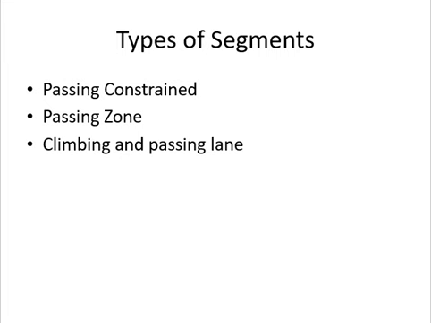So this is all passing constrained. And the third one has an extra lane. Passing is allowed, but from the extra lane. Clear? So the difference between the first 2 and the third one is the extra lane. And the difference between this one and this one, both of them allow passing, but here passing can be done from the same 2 lanes. Here passing will be done from the extra lane.